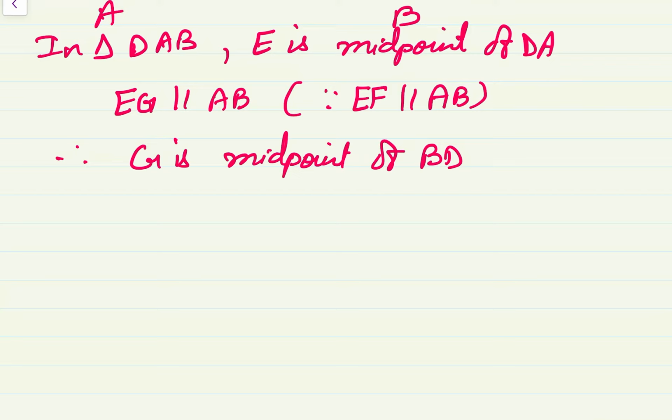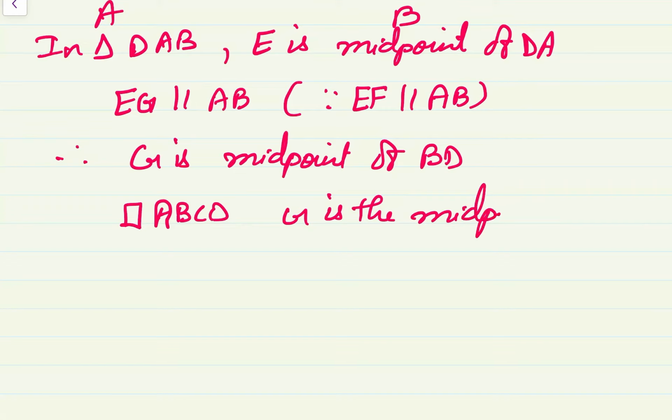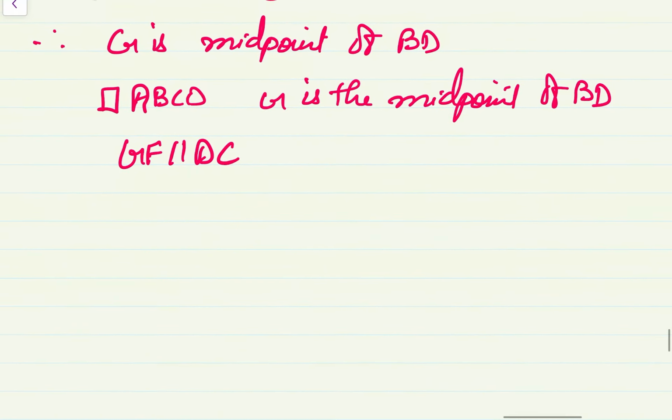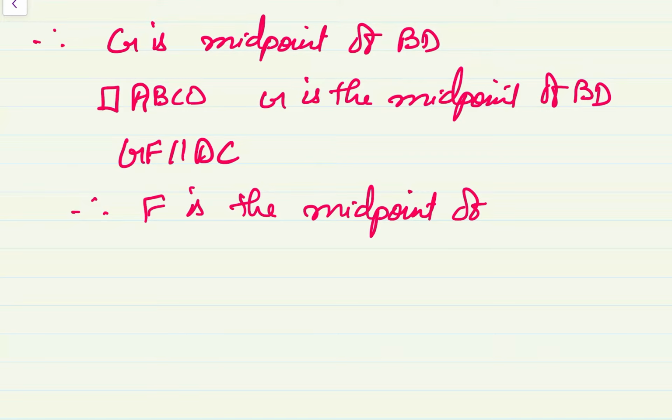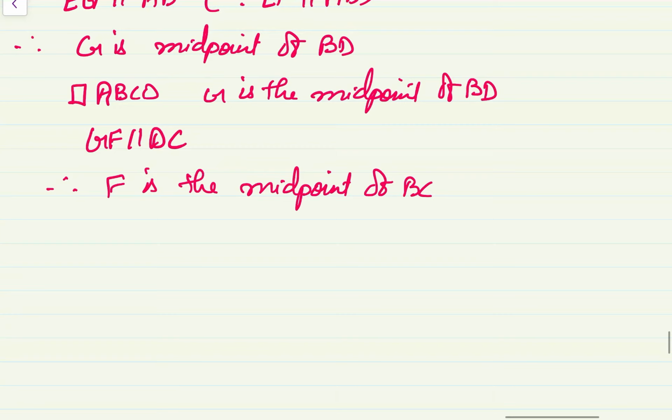Again, in triangle BCD, G is the midpoint of BD and GF is parallel to DC as we did before. Therefore, F is the midpoint of BC by the converse of the midpoint theorem.